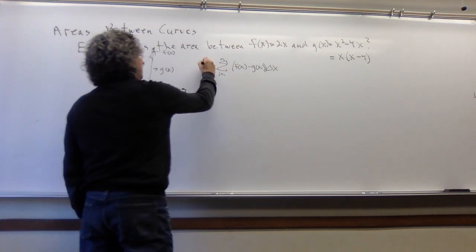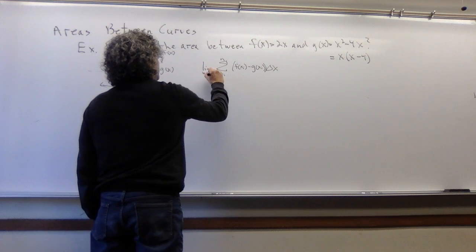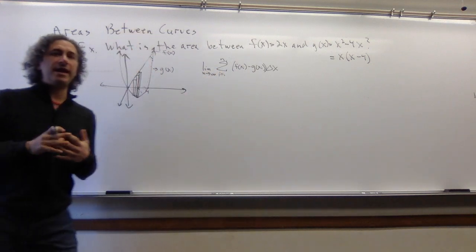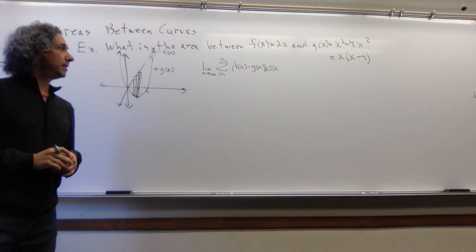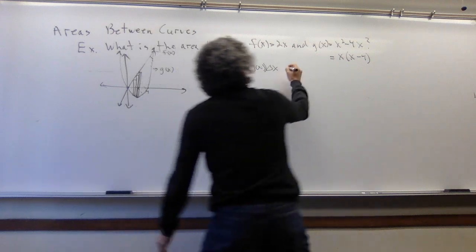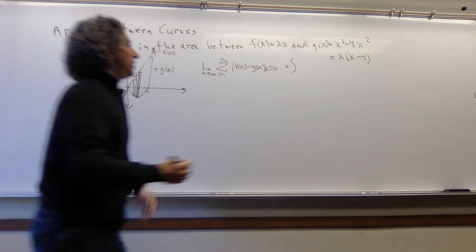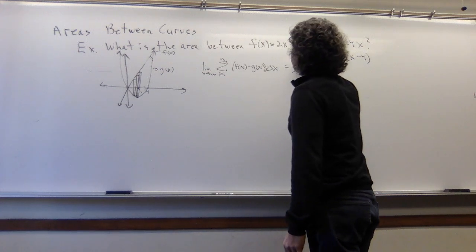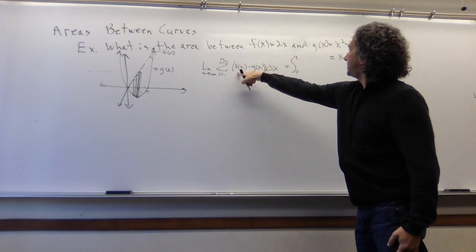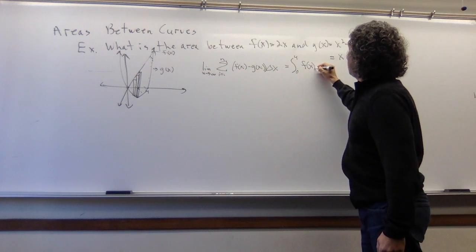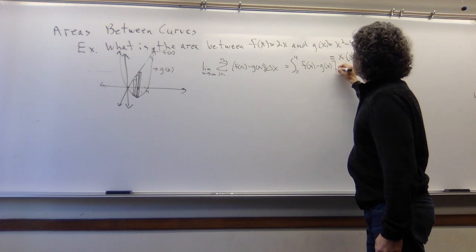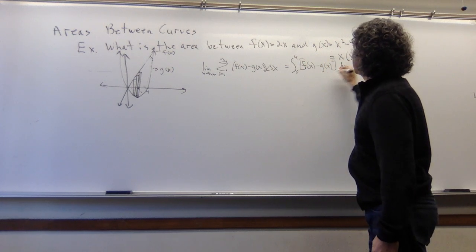If I then take the limit as n goes to infinity, that will give me the area between the two curves. Well, in integral form, this is just the integral from 0 to 4 of f of x minus g of x dx.